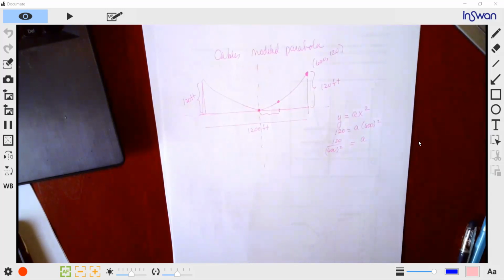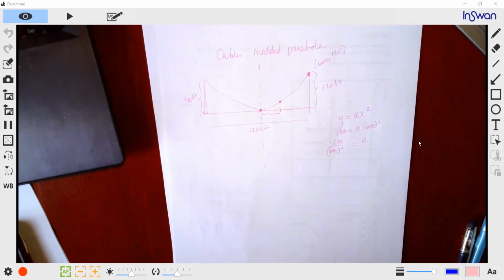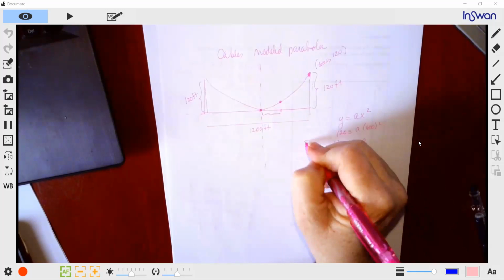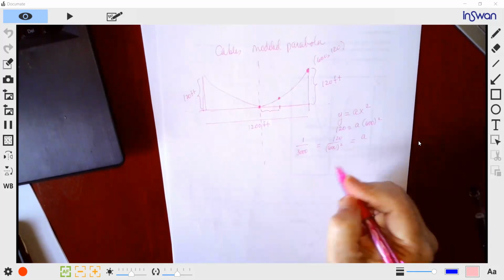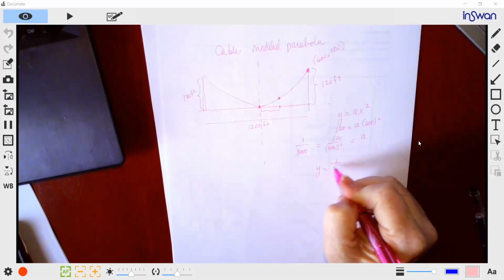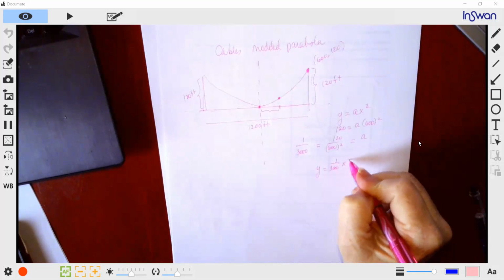So what do we get there? 120. So I get A is 1/3000 in this particular case. So my equation is y equals 1/3000 x squared.